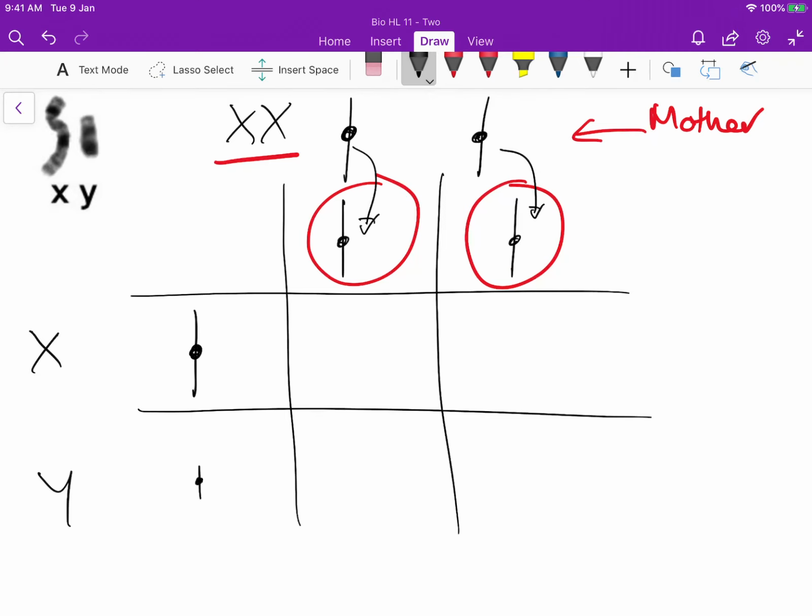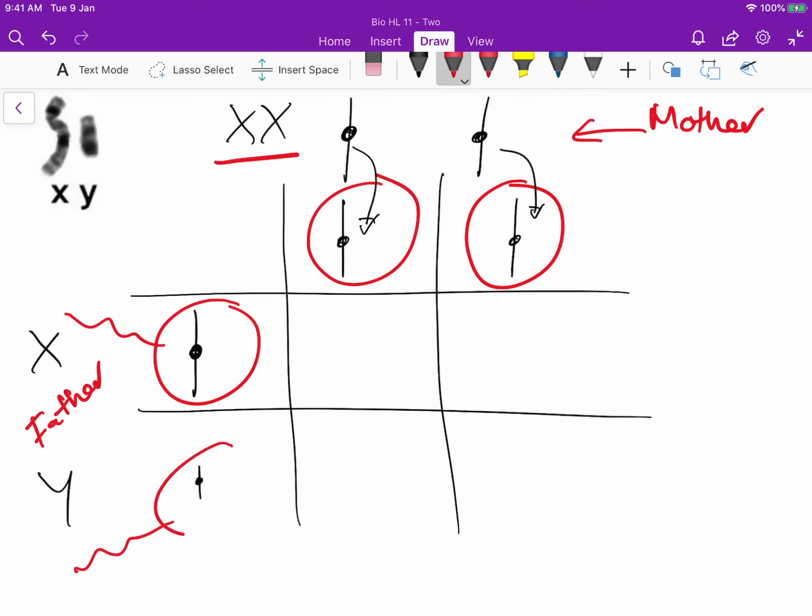So a female does not determine sex. Whereas with the male, the father could put into the sperm the long X chromosome, or could put into the sperm the short Y chromosome, which has genes for male characteristics.